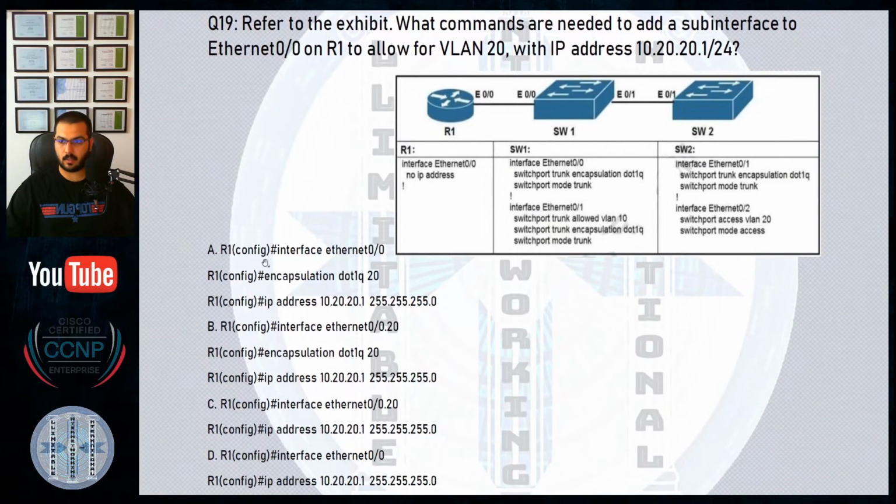Okay, question 19. What commands are needed to add a subinterface to Ethernet 0/0? So this is Ethernet 0/0. It seems that the guy is using router on a stick, so it will enable a subinterface to allow for VLAN 20 with the IP address of this one.